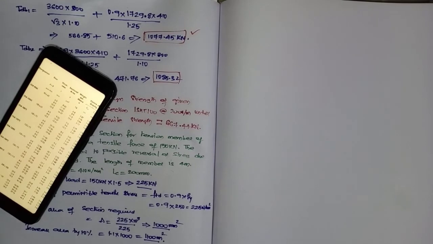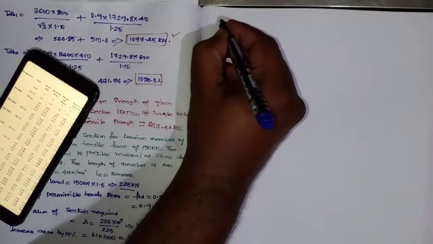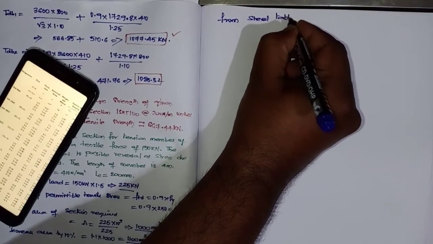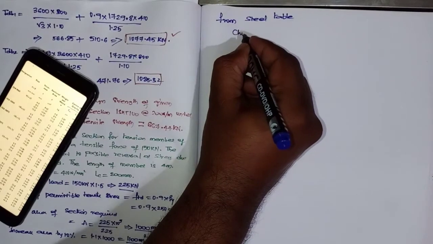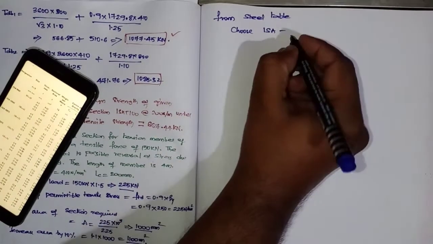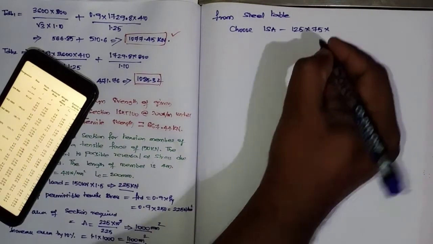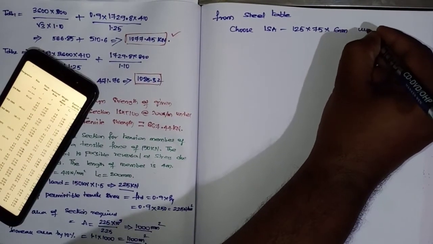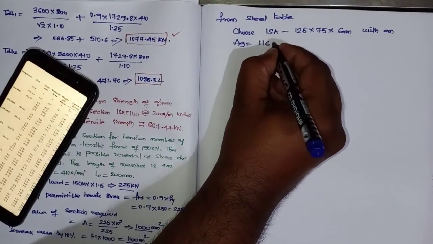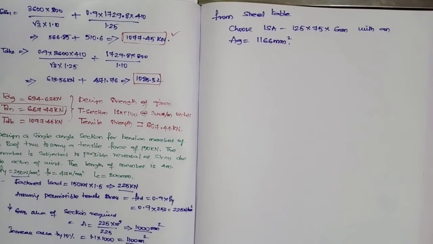So from the steel table choose ISA 125 by 75 by 6 mm with a gross area of 1166 mm square.